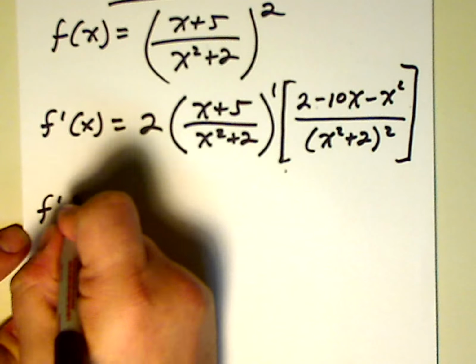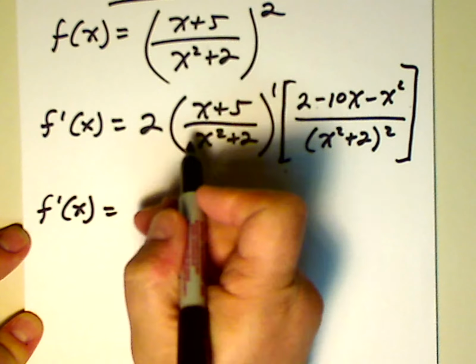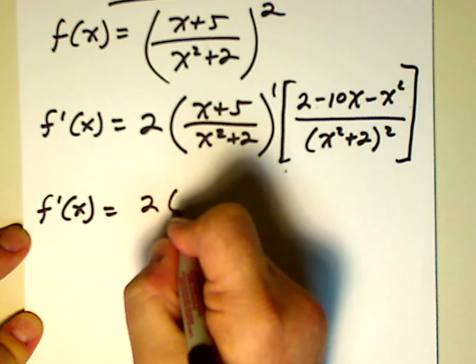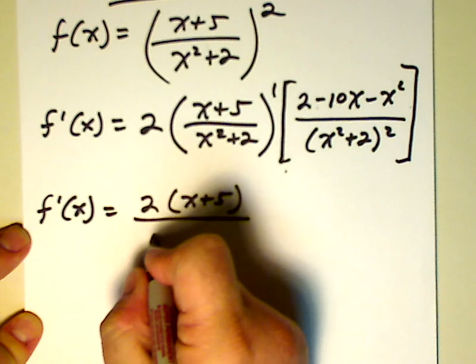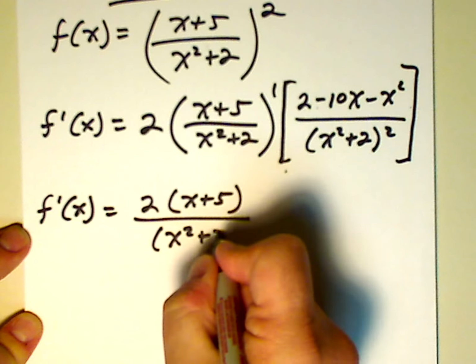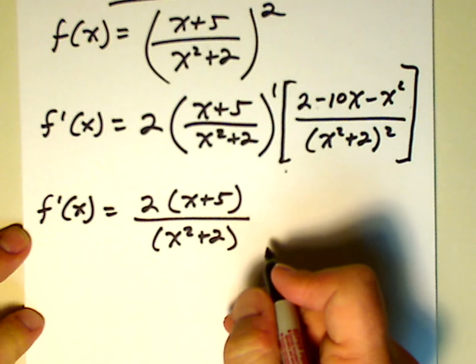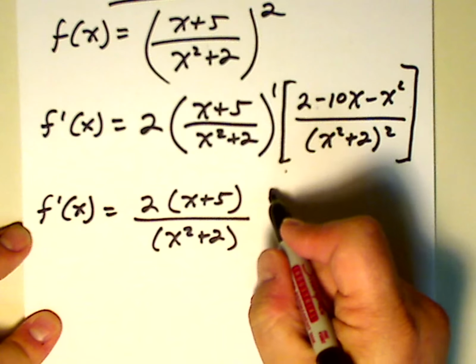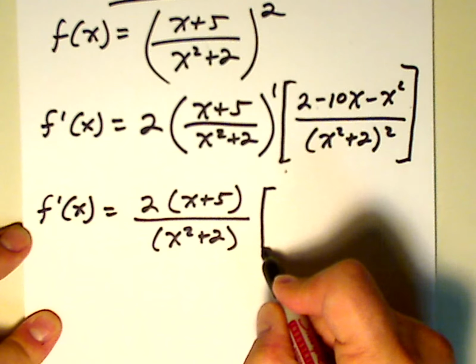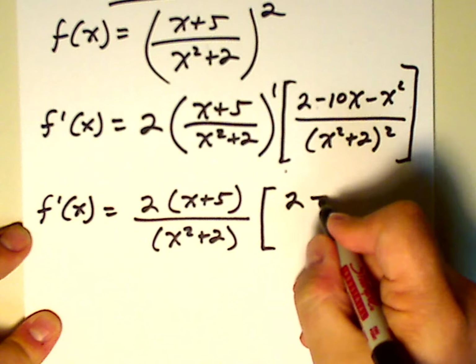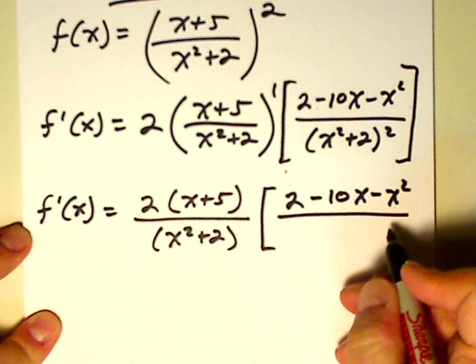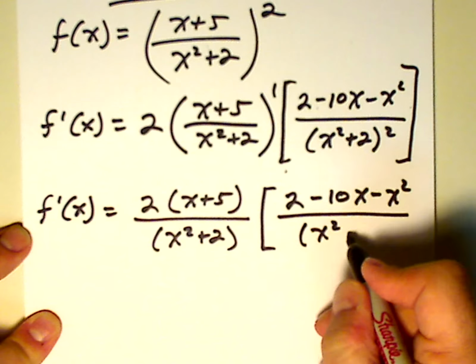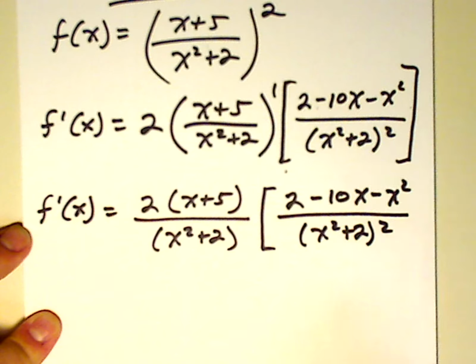Okay, so f prime of x is equal to 2 times x plus 5 over x squared plus 2, and we're multiplying it by 2 minus 10x minus x squared all over x squared plus 2 squared.